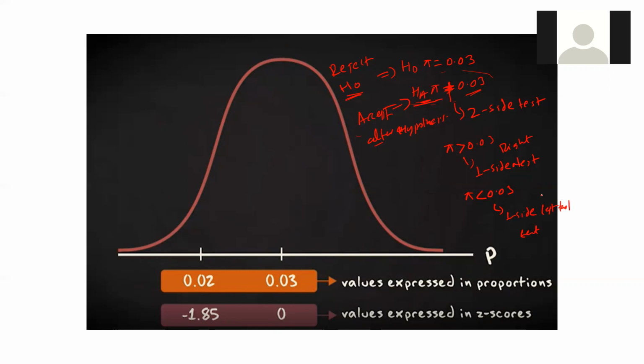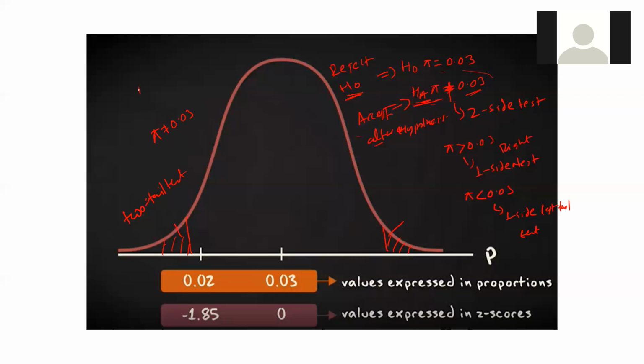We can even see in this graph, if pi is not equal to 0.03, you are testing both sides. This would be your two tail test.